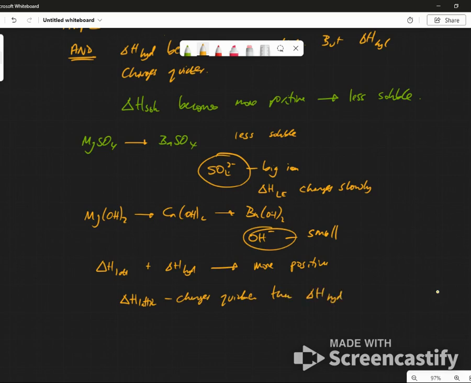In other words, they both become smaller, but in this case the lattice energy gets smaller quicker, and that's why the hydroxides get more soluble going down. Hydroxides increase in solubility going down group 2. Does that make sense?